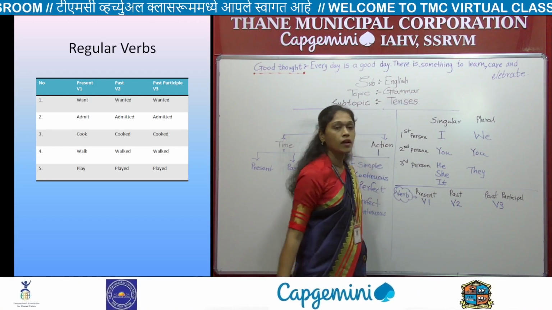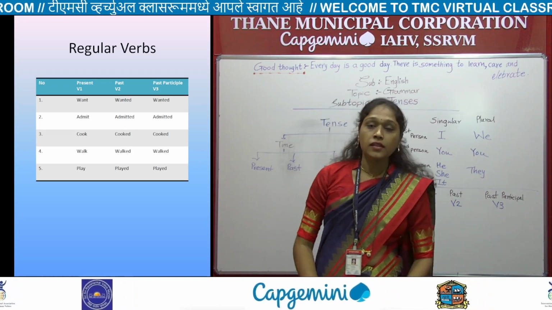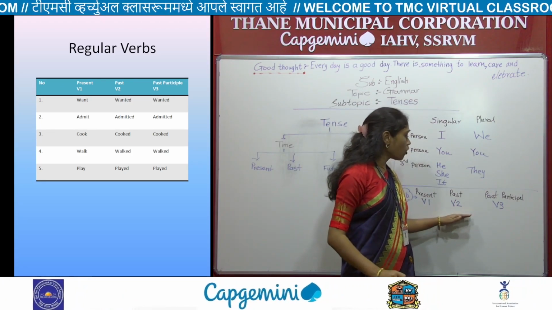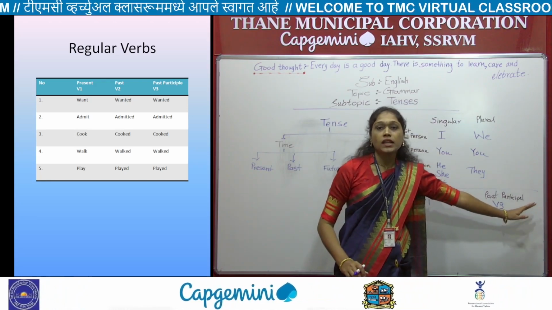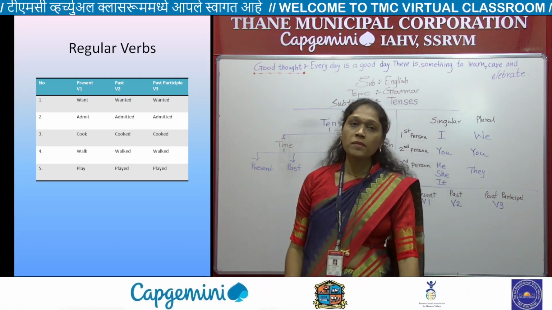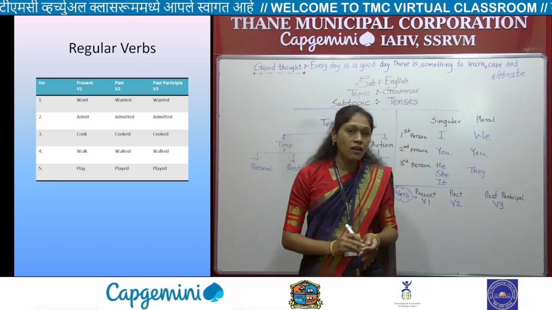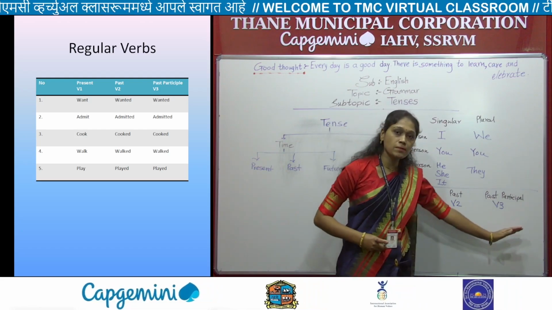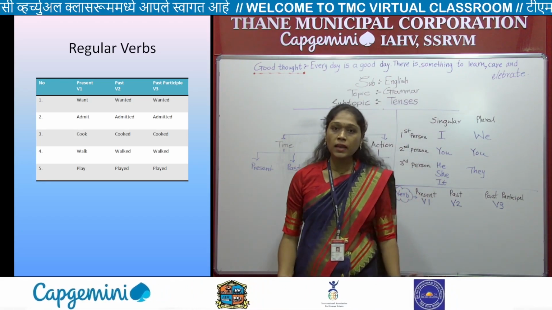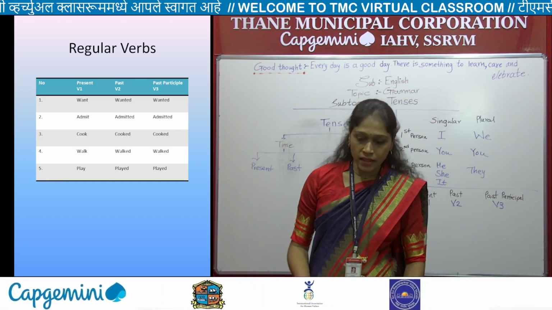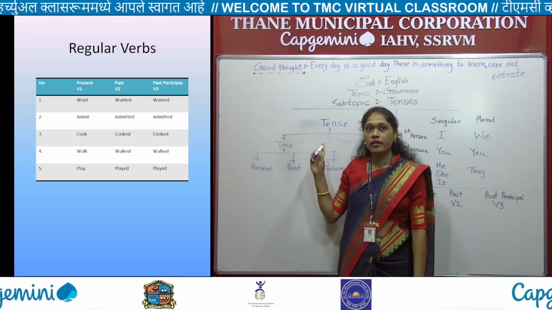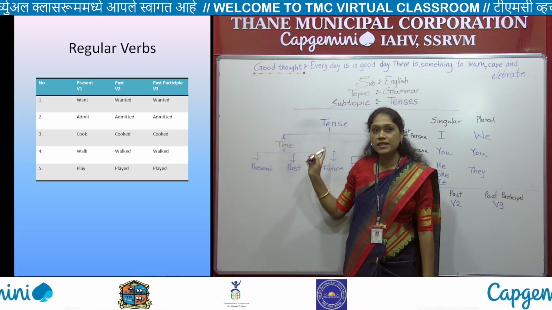The words which have the same form of past form and past participle, those words we call regular verbs. म्हणजे बघा रेग्युलर verbs कशाला म्हणतात, तर ज्या शब्दांचे पास्ट फॉर्म आणि पास्ट पार्टिसिपल हे सारखे असतात त्यांना आपण रेग्युलर verbs असे म्हणतो. बघा इथे दिलेले आहे साइड मध्ये want, wanted, wanted. पास्ट फॉर्म पास्ट पार्टिसिपल सेम आहे.